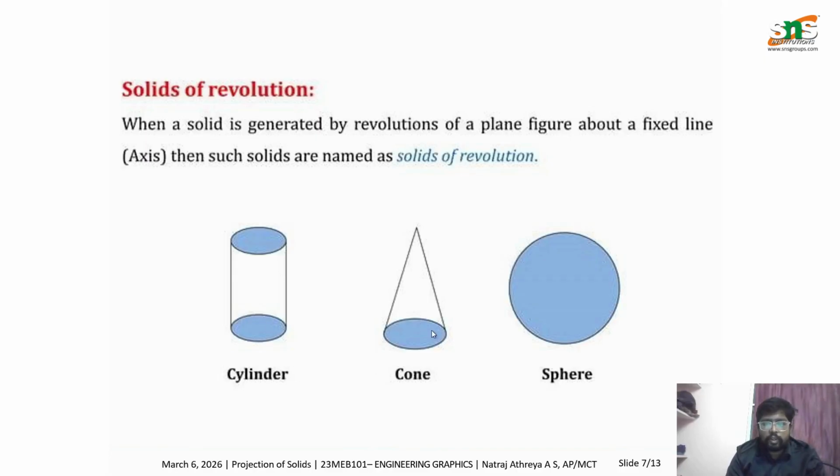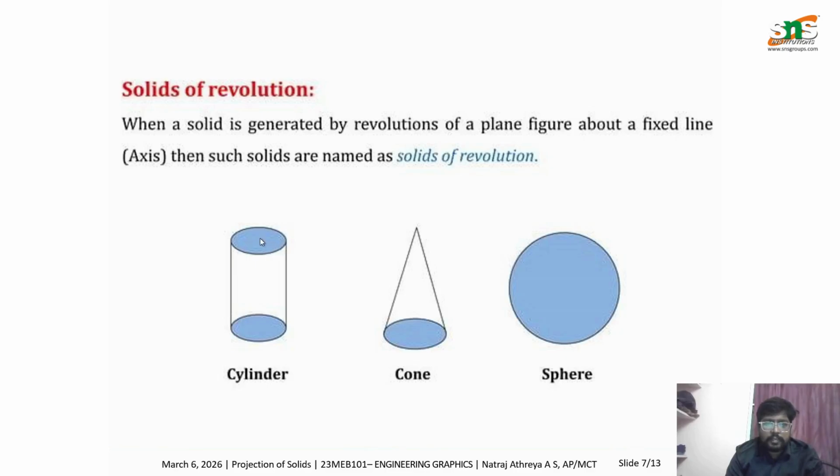Similarly for a cone, let's take one of the slanting lines, and also assume that there is an axis in the center. If we revolve it, it forms a cone.